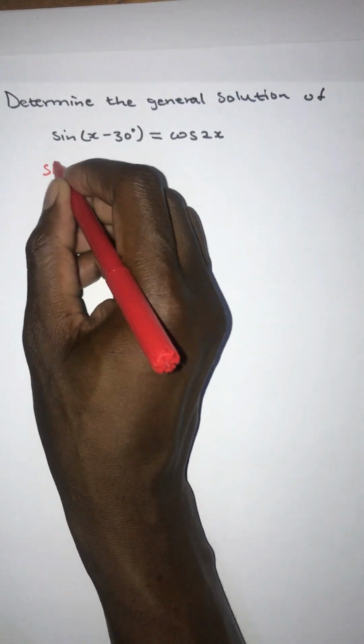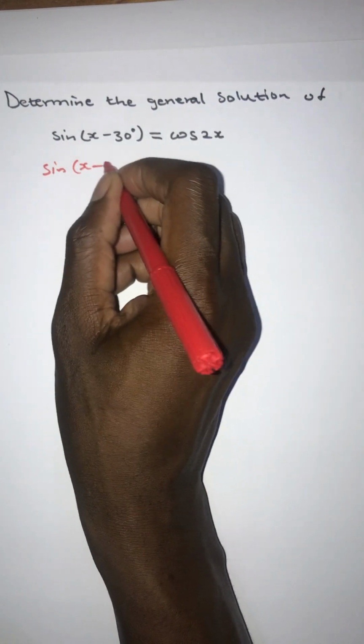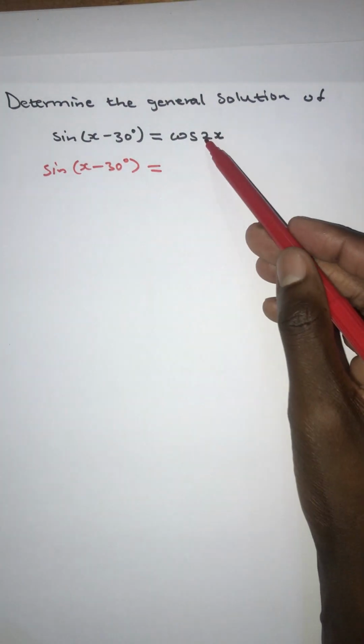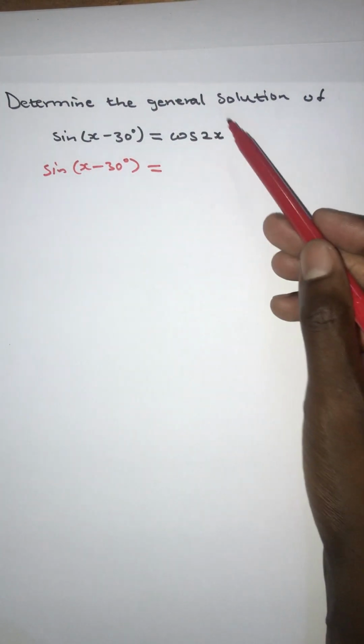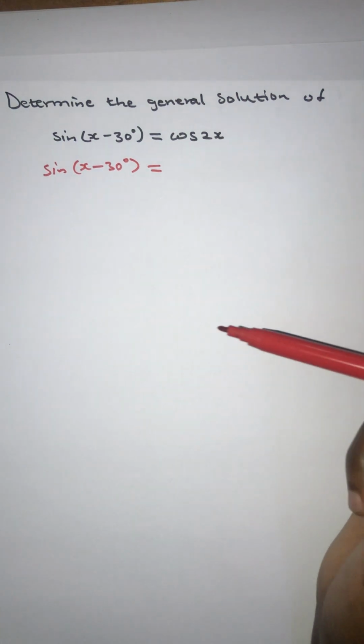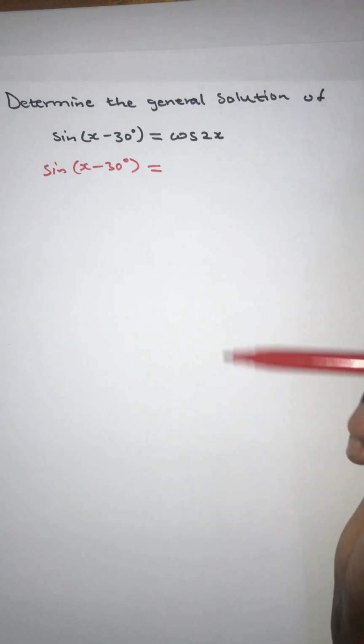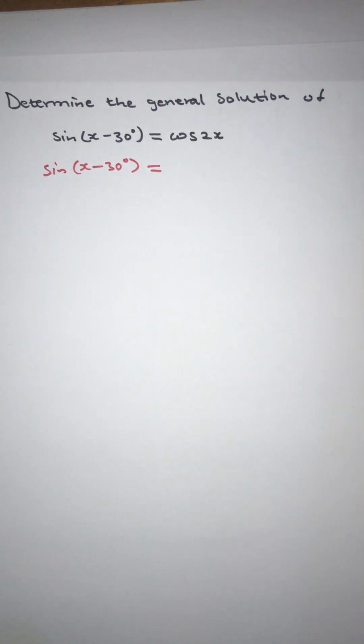So how are we going to do that? Sine of x minus 30 degrees is equal to, how can we change a cos into sine? So in quadrant number 1, with 90, cos becomes sine and sine becomes cos.